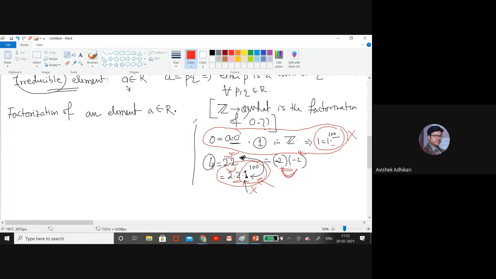So the factorization definition, you can explain like this. Here we are actually considering not only commutative ring with 1, but actually we are going towards factorization domain. So we assume that we are going to do factorization in an integral domain.